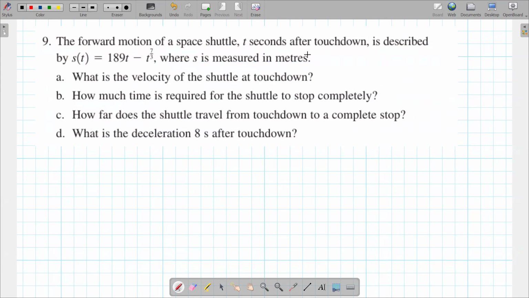We are given a displacement function, okay? How do we get the velocity from a displacement function? You find the first derivative.